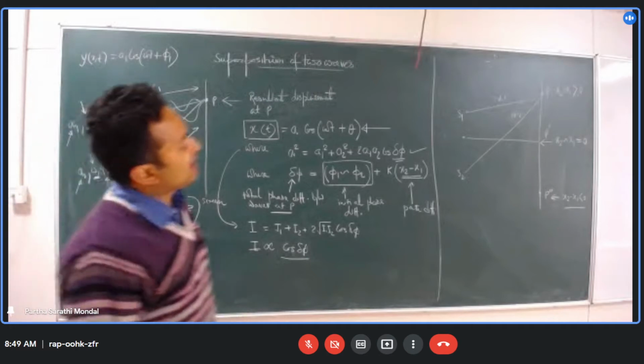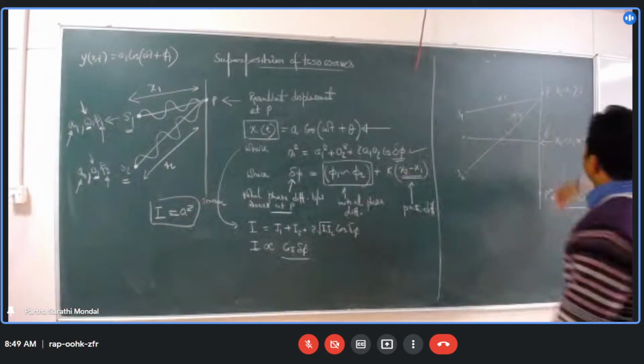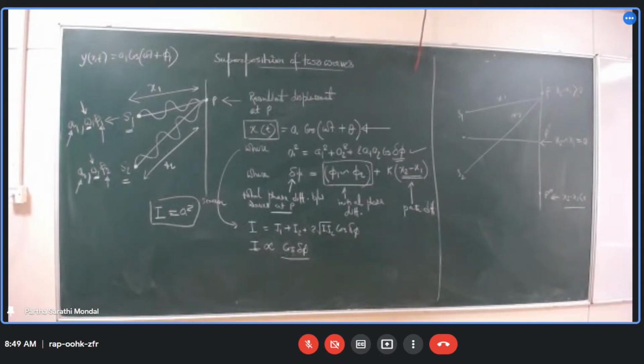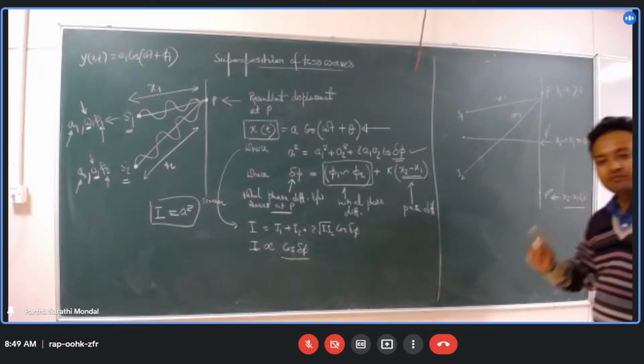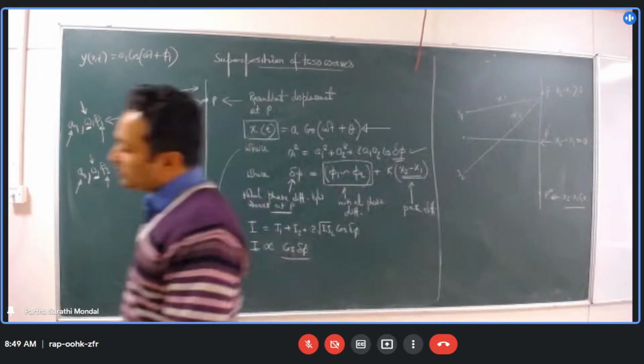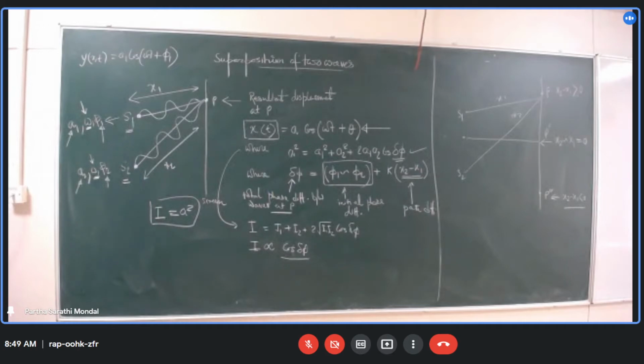That means there will be a variation of intensity over the screen as I move from one place to another. The screen will not be illuminated uniformly. Instead, you will have a variation of intensity: maximum intensity, minimum intensity, like that. समझ में आ रहा मैं क्या कह रहा हूँ?